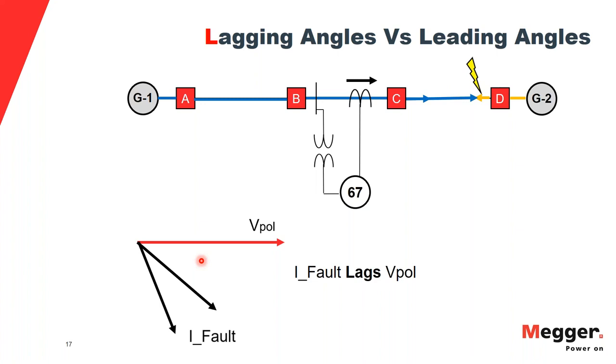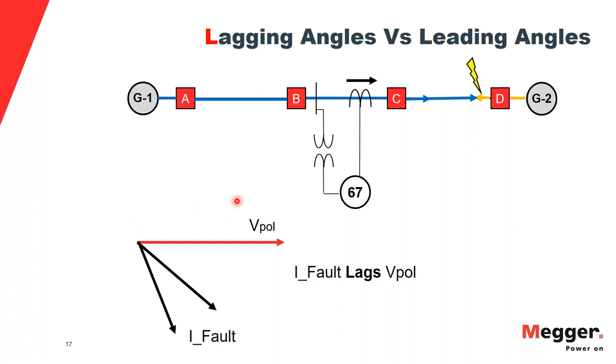So there is some kind of angle difference between fault current and the voltage, and we don't know that angle difference. It can be anything depending on what kind of fault you have and what feeder parameters you have. So it all depends on those parameters. But now we got the concept that I have my fault current lagging my voltage. In some cases, faults can be leading in nature as well. So the fault current that you see here can be plotted here too.